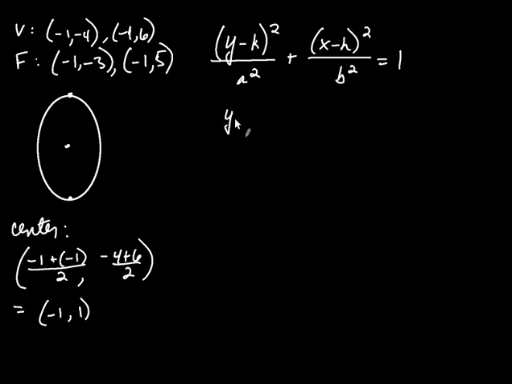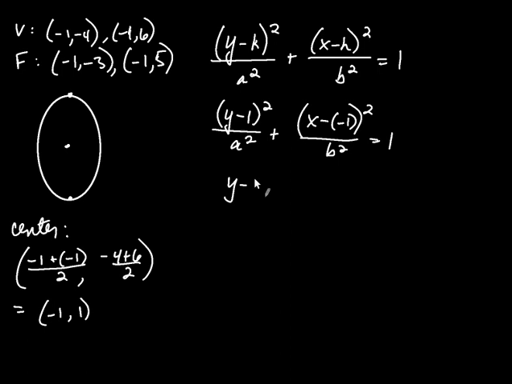I'm looking at y minus 1 quantity squared divided by a squared, plus x minus -1 quantity squared over b squared is equal to 1. Okay, and so we'll write that as just y minus 1 squared over a squared plus x plus 1 quantity squared over b squared is equal to 1.